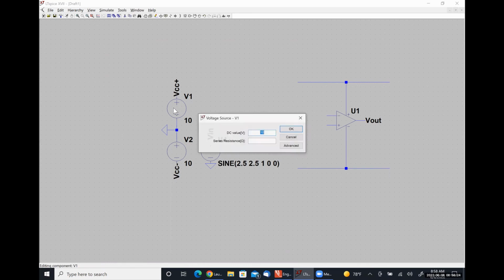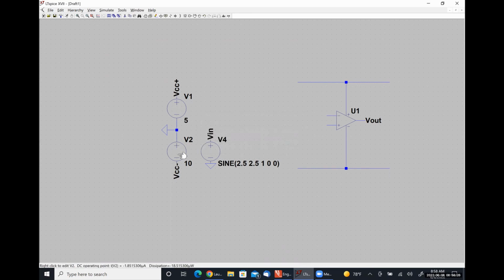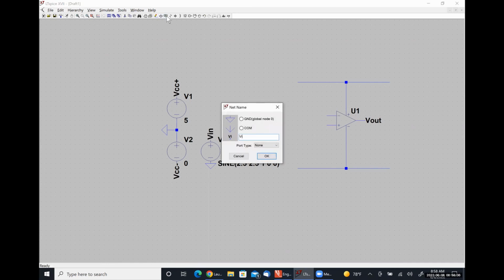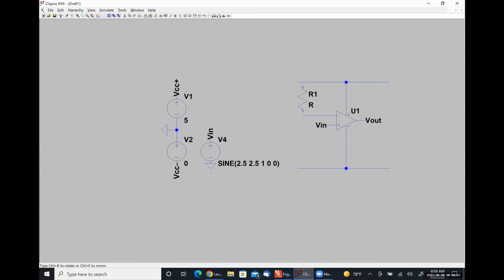I need to make sure I remember to change my supply voltages. So 5 here, 0 here. I'm going to apply my input signal. EN will go right here. And I'm going to set up my resistor network now. So here's R1. Here's R2. Let's wire things up.